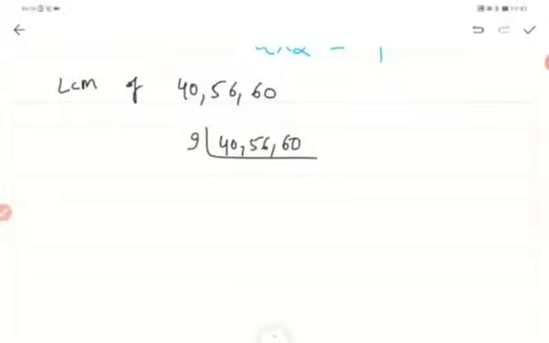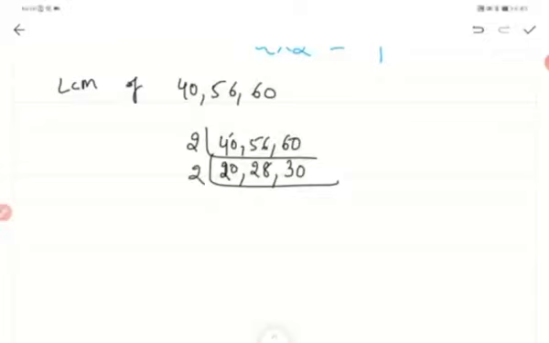You will go by the least factor, that is 2. 2 2's are 4, 2 20's are 40, 2 8's are 16, 2 3's are 6. We are just dividing the numbers.